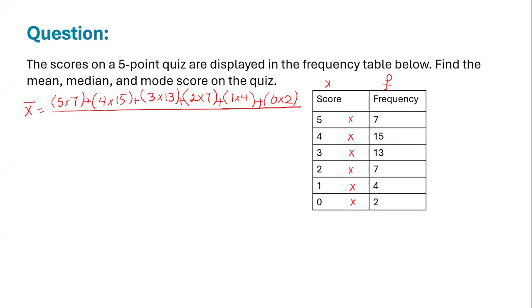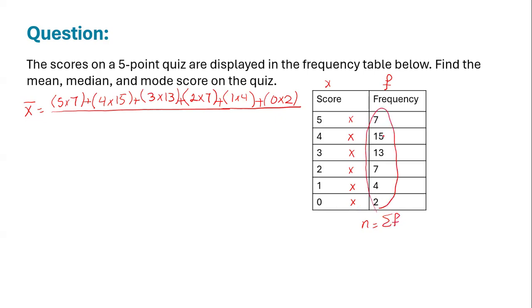Now I need to divide it by the number of all of the data in the data set. How many data do we have in the data set? I cannot say that I only have 6 numbers from 0 to 5, because each number is repeating many times. So how many numbers do we have? The number of them is based on the sum of all frequencies. I need to add all these frequencies.